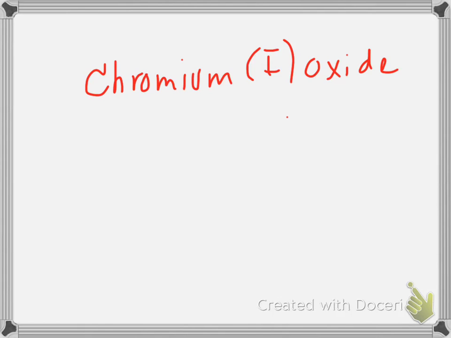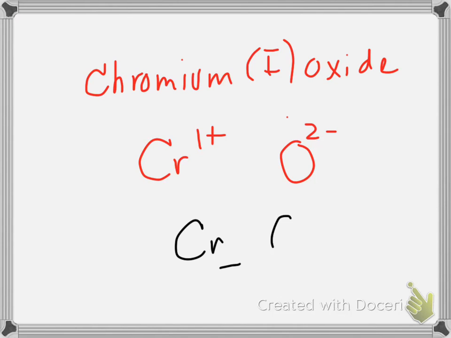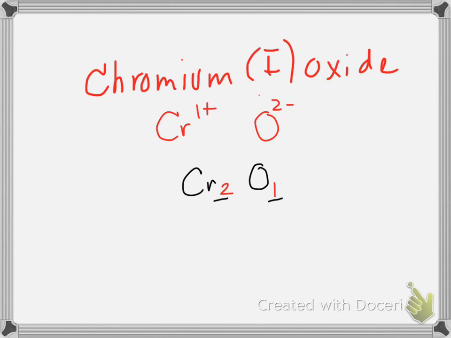Chromium 1 is Cr 1 plus. Oxide ion is O 2 minus. We crisscross to get our subscripts, and we simplify, we don't keep ones. So we get Cr2O.